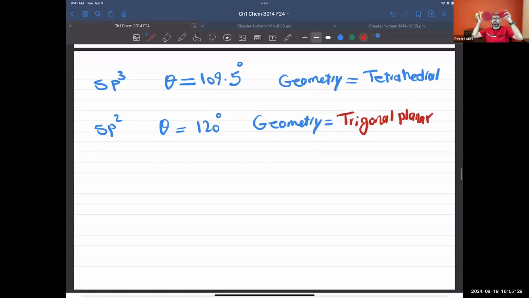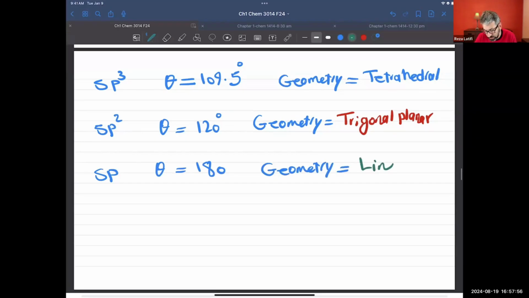It's completely flat. What's the bond angle between the yellow, red and yellow atoms? The bond angle here is around 120. The system is completely flat. And how about sp? The expected bond angle is 180, and we expect the geometry to be linear. The sp3 hybridization is always trying to give you tetrahedral geometry. sp2 will be flat and trigonal planar, and sp will always be linear geometry.